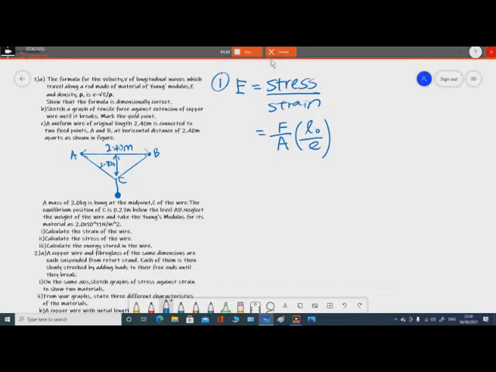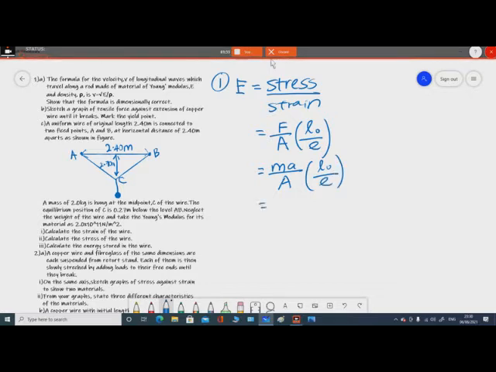Reciprocally, this will be moved up and this L naught will be moved up, so it's equal to F L naught over A E. So this is the formula for Young modulus. We need to know that F is equal to MA, so this is A, this is L naught and this is E.